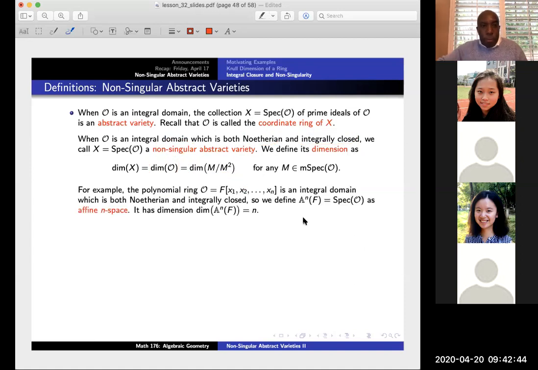Here's an example. Let's look at this polynomial ring in n variables. I mentioned before that this is Noetherian, and I also mentioned that this is integrally closed. So now let's take a look at spec of this. I'm going to define A^n as this spec.